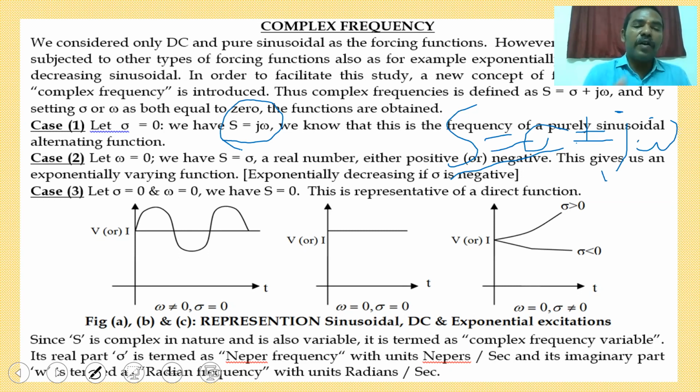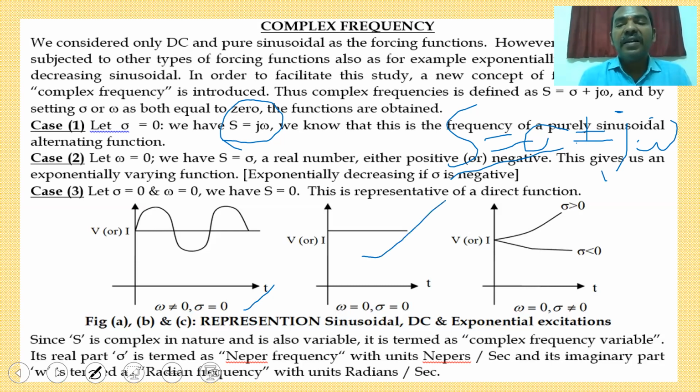Here I have represented different waveforms with respect to different excitations. If omega naught is not equal to 0 and sigma is equal to 0, then this function is a sinusoidal function, varying with respect to time. If omega is equal to 0 and sigma is equal to 0, there is no complex frequency, so it is a DC excitation.